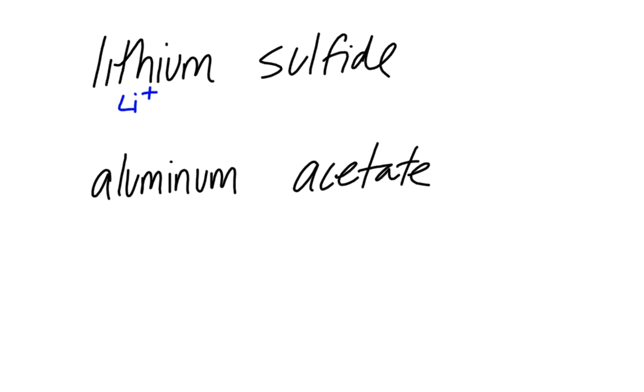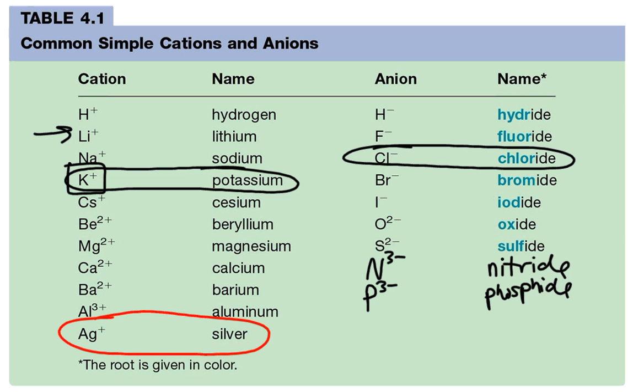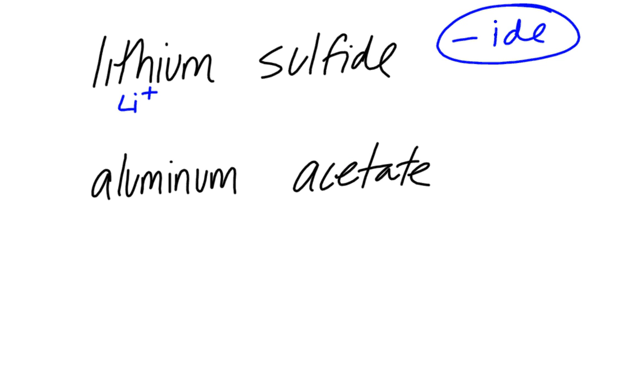Remember, those IDE endings are very common to monoatomic ions, meaning they are not polyatomic. The polyatomics have more than one atom, monoatomics only have one. So I'm looking here, I see ide, and here's sulfide right there, which is an S2-.